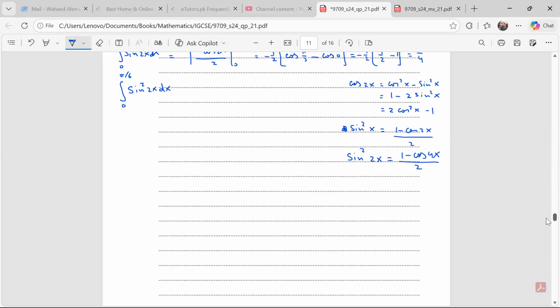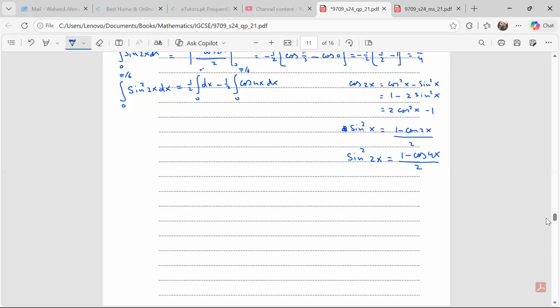Okay, so this is equal to, and I can split it up, 1 by 2 integral dx minus 1 by 2 integral cos 4x dx, and both of them are from 0 to pi by 6.